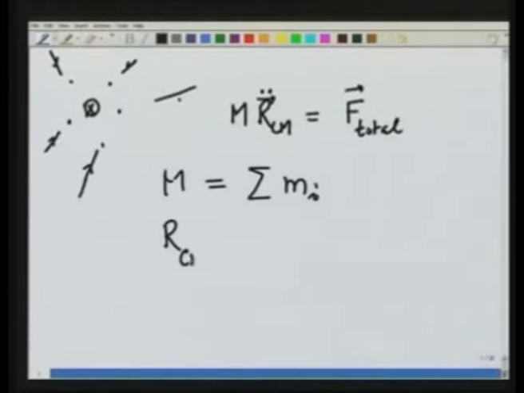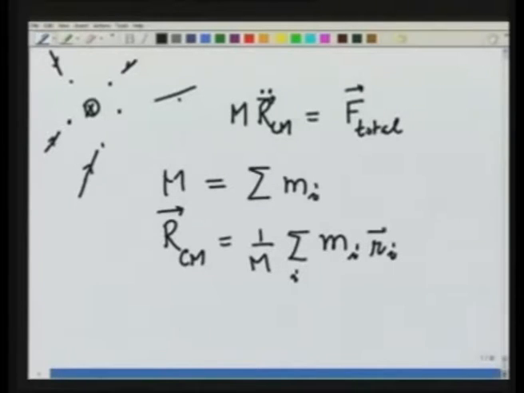The vector R_CM is defined as 1 over m summed over m_i R_i, that is a vector for each individual particle, and F_total is the net force being applied on the system totally.